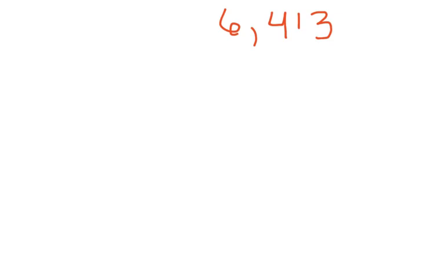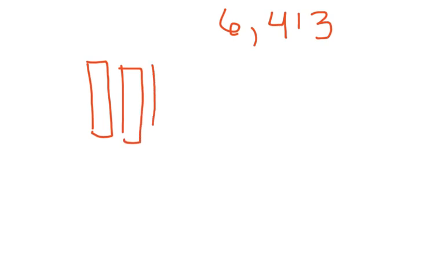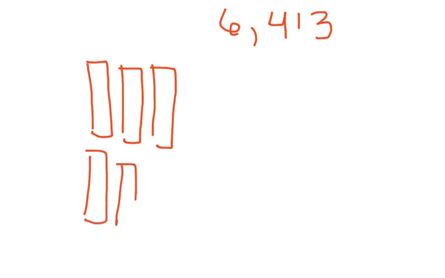So anyways, if we took the number 6,413, we could do a quick draw of that. Remember that we're always going to start with the larger place value. So we're going to have 6 1,000 rectangles, because remember, it is 10 100s, right? So we've got 6 1,000 rectangles.